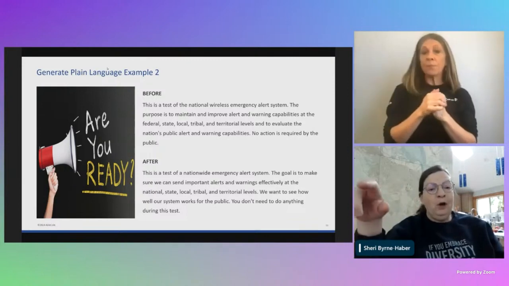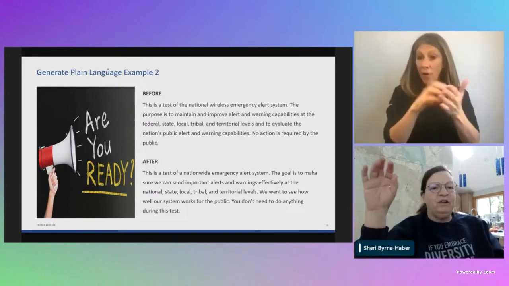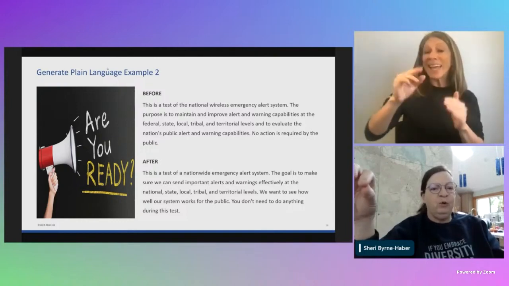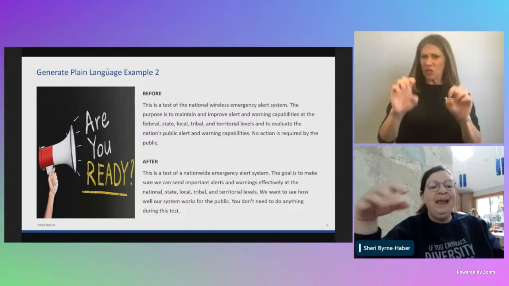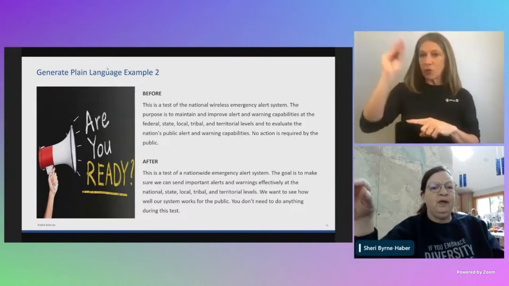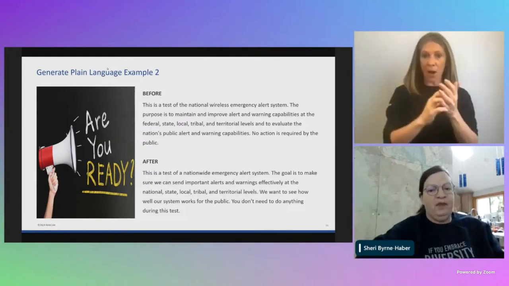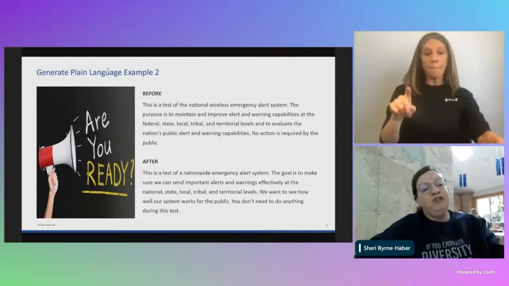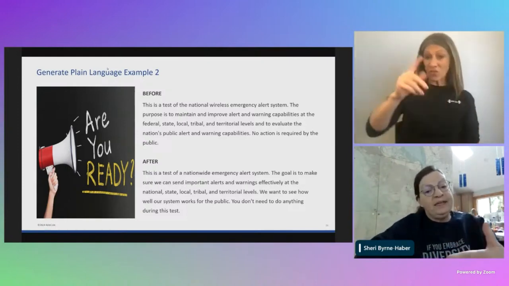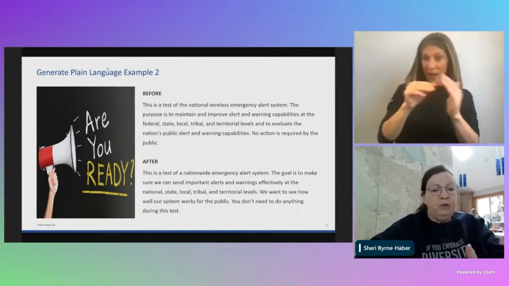It assessed that paragraph and said that it required a second level college education in order to understand it. Okay? That eliminates 60% of the United States from being able to consume that paragraph and know what it means to them. So if you ask ChatGPT to rewrite this at an 8th grade level, it can do that.